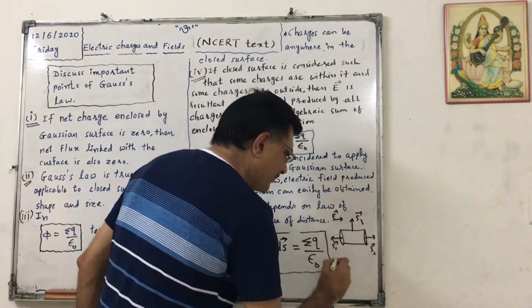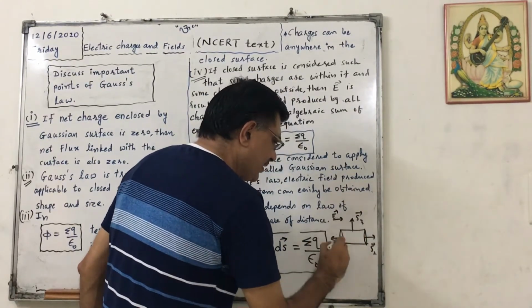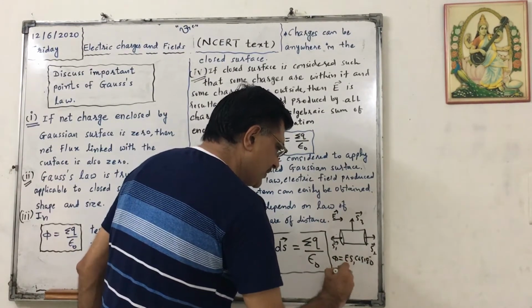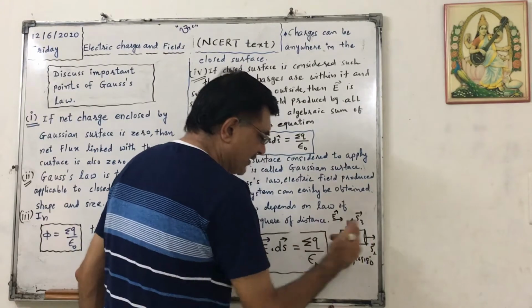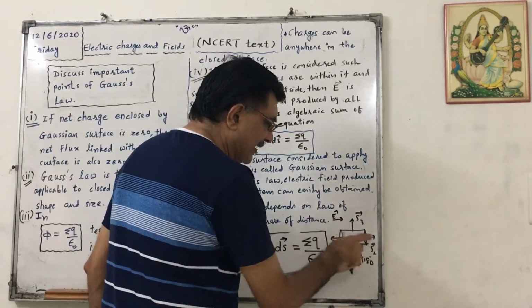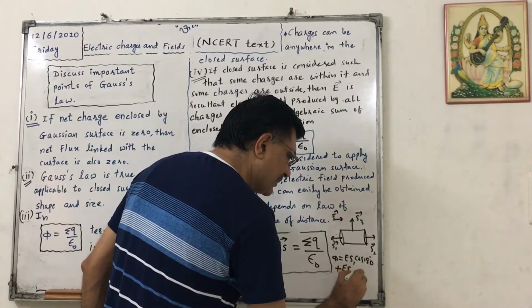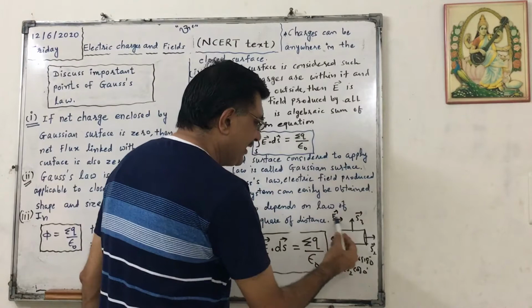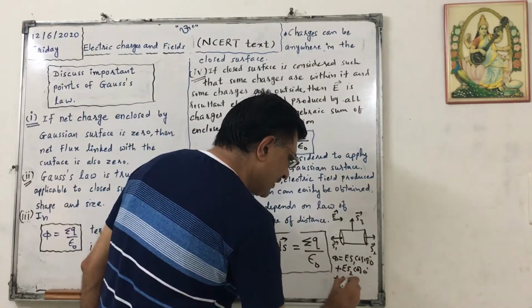Here, net flux will be equal to E S1 cos 180 plus, because here E and S1 are opposite, so cos 180. E and S2 are in the same direction, so E S2 cos 0, theta is 0. E and S3 are perpendicular, so E S3 cos 90.